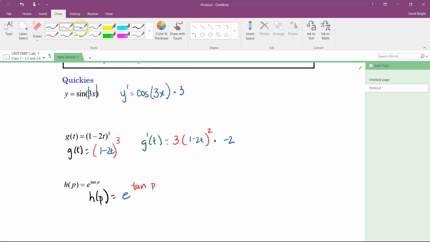So then, when we differentiate this, we get e to the x, where x is just tangent p in this case, and then times the derivative of tangent p, which is secant squared p. So those are some examples with the chain rule.